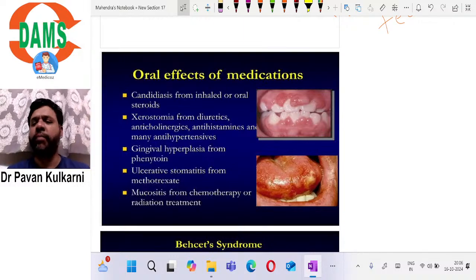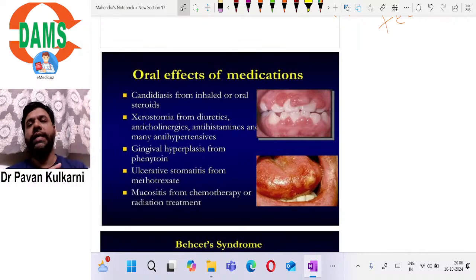Xerostomia, that is dryness of the mouth, is seen again because of antihypertensive drugs, diuretics, anticholinergics. All these are drugs which cause xerostomia. Gingival hyperplasia we can see because of certain drugs. Very important one, phenytoin.